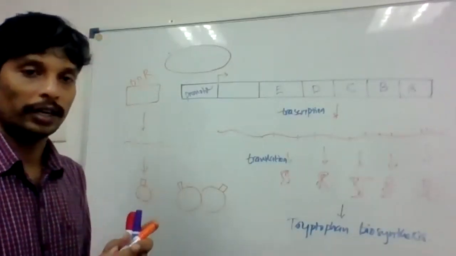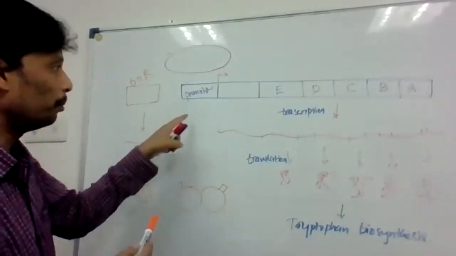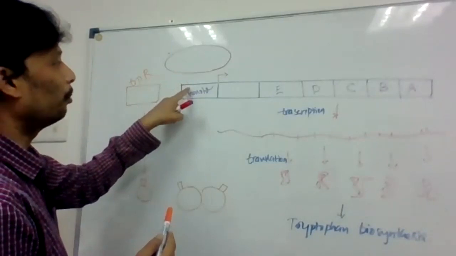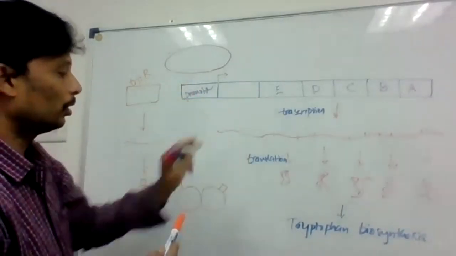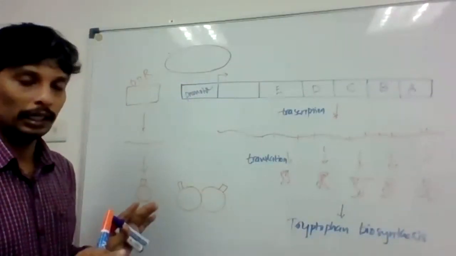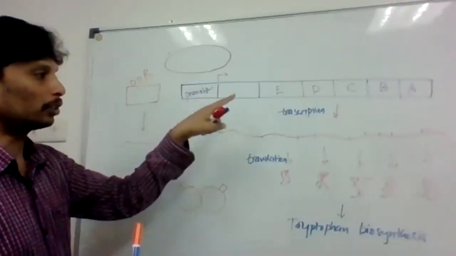This conformation is not enough to strongly bind to the promoter. So what happens? The RNA polymerase will bind to the promoter and transcribe, even though the repressor molecule is being transcribed in parallel. That is not enough to stop the transcription.